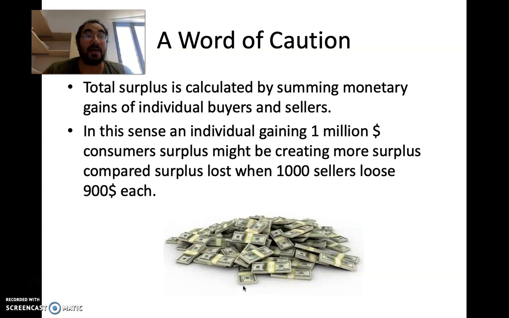People with more money have more weight, which means, for example, a policy that decreases market surplus drastically might have huge popular support, because it might be hurting a small number of people with high income but benefiting a large number of people with very little income. So a loss in market surplus doesn't necessarily mean that the majority of people don't benefit from that kind of policy.